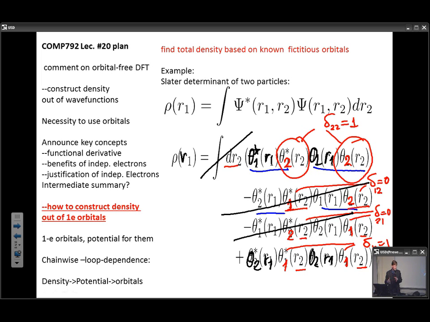We didn't prove it for more than 2, but it is very expected that the construction will be the same. So instead of something really crazy, like a multi-electron determinant, we get a simple summation of the probability density, the charge density, for an electron in each occupied orbital.